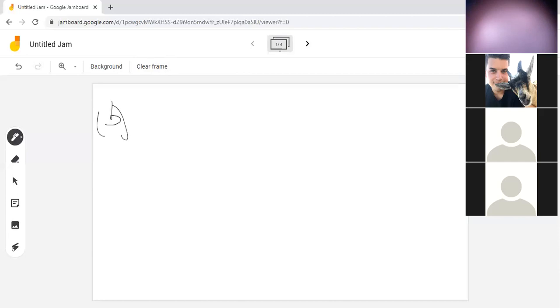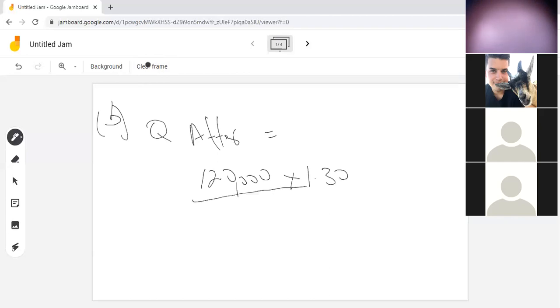So we're still working on B, right? We're finding the quantity Q after. And again, we're using the same method, right? So it would be 120,000 of fixed cost times 1.3. I'm just using a different way of calculating the same percentage.